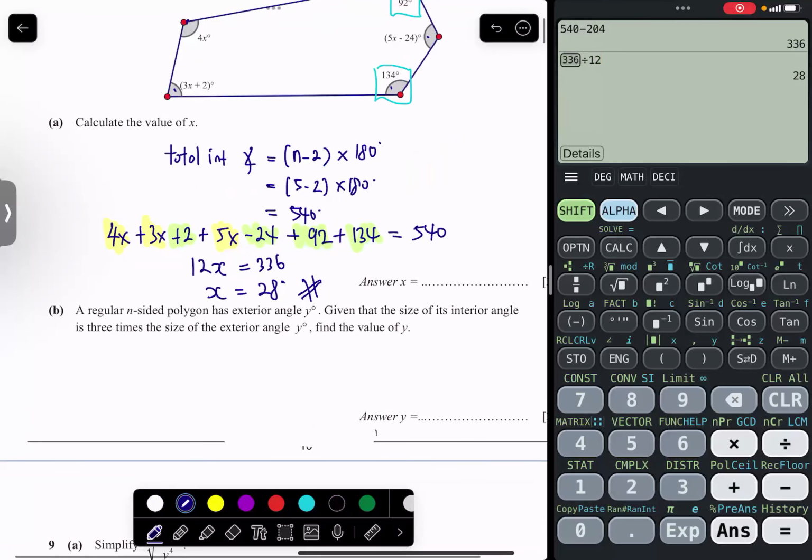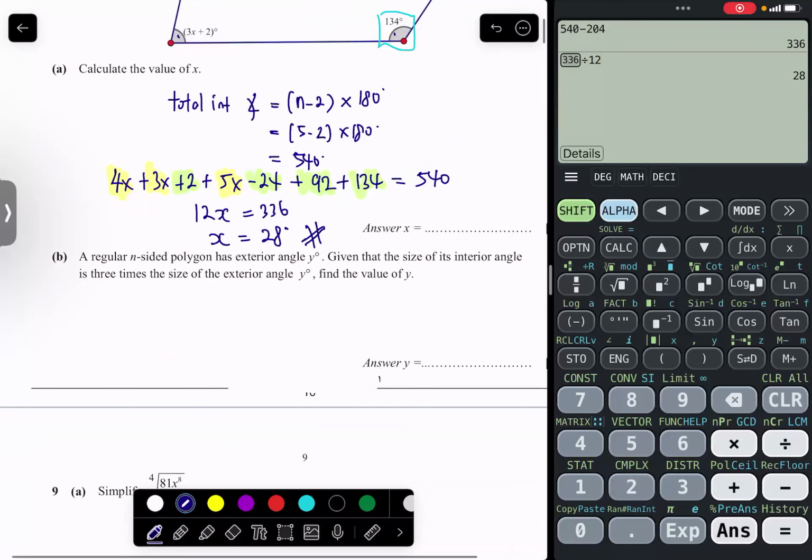A regular n-sided polygon has exterior angle y. Given that the size of the interior angle is 3 times the size of the exterior angle, find the value of y. One interior angle plus one exterior angle will always be 180 degrees.